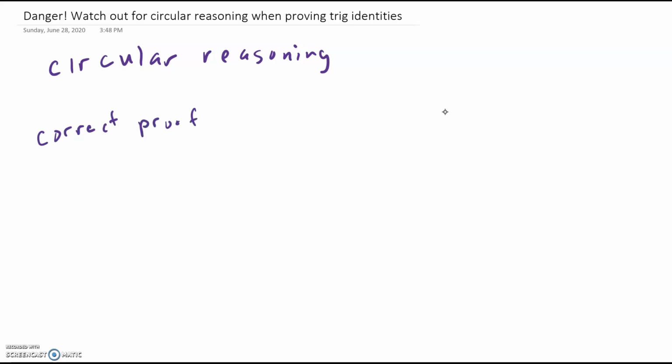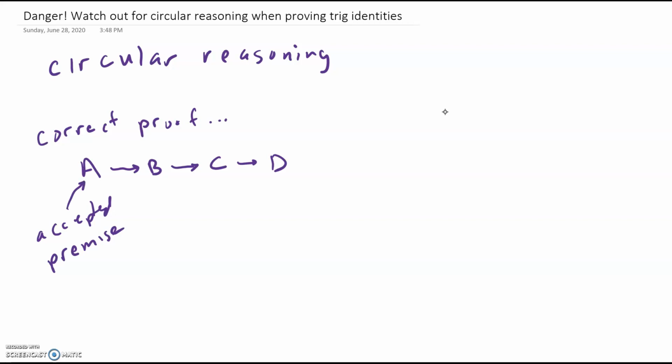The way proofs are supposed to go, a correct proof, whether you're proving an identity or anything else, you start with some statement that's generally accepted to be true. And then you say, if this statement is true, then that implies this other statement is true, which implies this other statement is true. It's called a premise in logic.